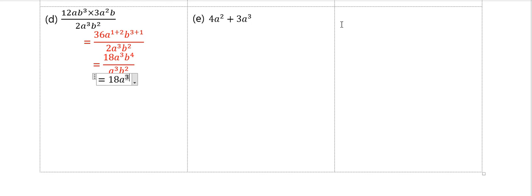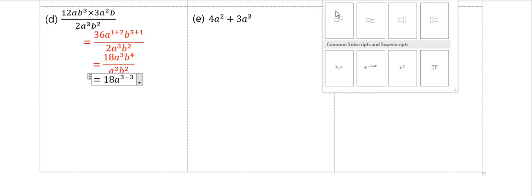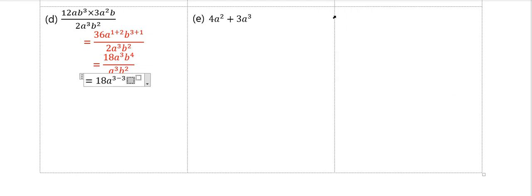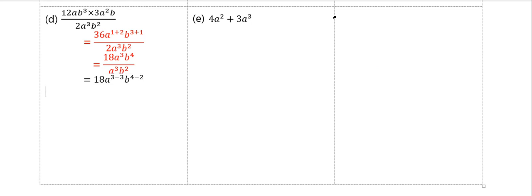When you divide, the powers should be subtracted, and then b power 4 divided by b power 2 should be b power 4 minus 2. So here, we're getting closer to the solution.